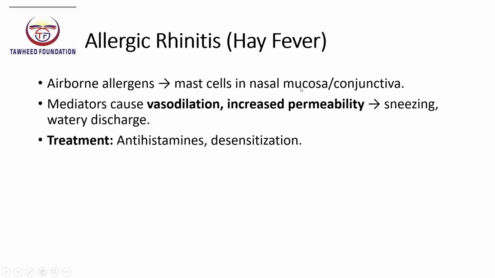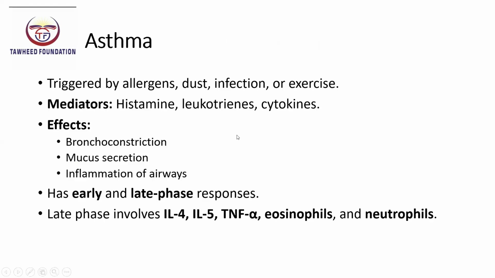Upon re-exposure, they release histamine and other mediators, leading to vasodilation, increased capillary permeability, and fluid accumulation. This results in typical symptoms like sneezing, nasal congestion, and watery eyes. Treatments include antihistamines and desensitization therapies to reduce the allergic response.